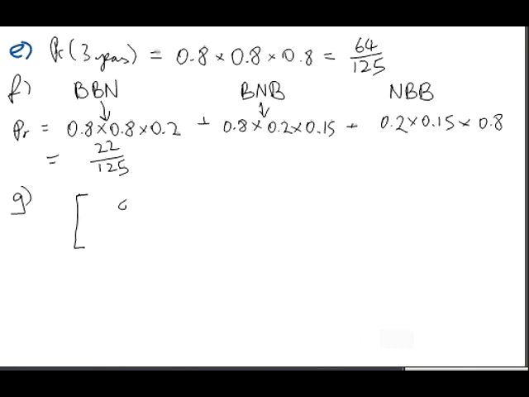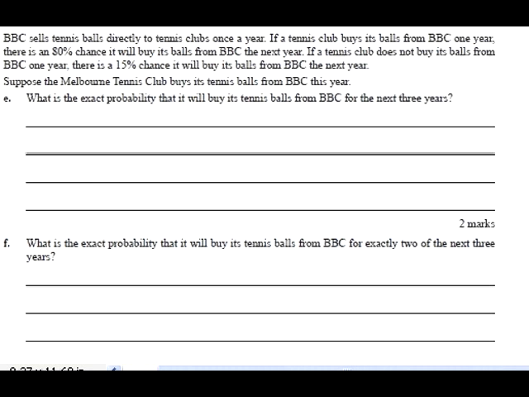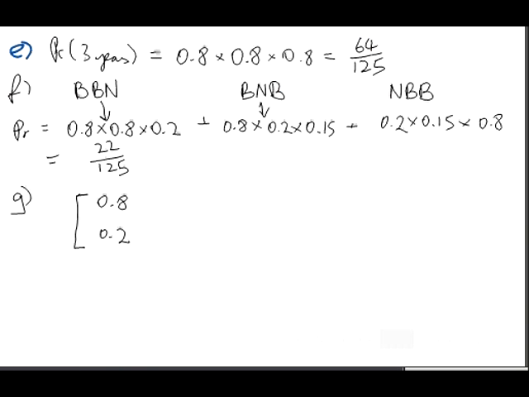So 80% goes up here and 20% goes here. And then we see in the question there's a 15% chance it will buy its balls from BBC next year if it doesn't buy this year. So we know that 0.15 goes here, and so 0.85 is here. That's our matrix. That's our transition matrix.